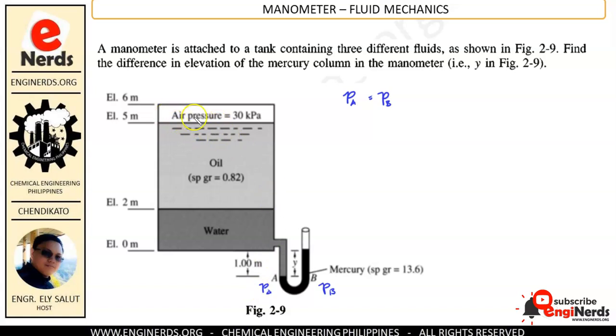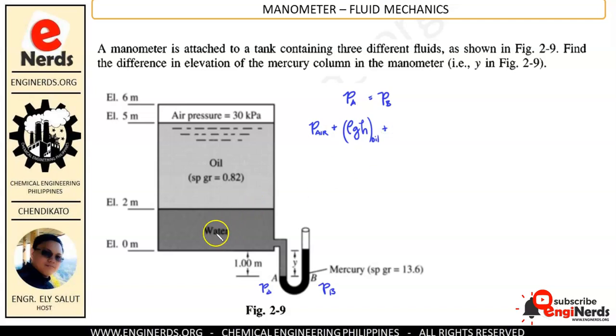So, in order to get that, we'll have the pressure of our air here, which is equal to the pressure of air, plus the pressure due to the oil. So to get that, we have the density of the oil, the acceleration due to gravity, and the height of the oil.